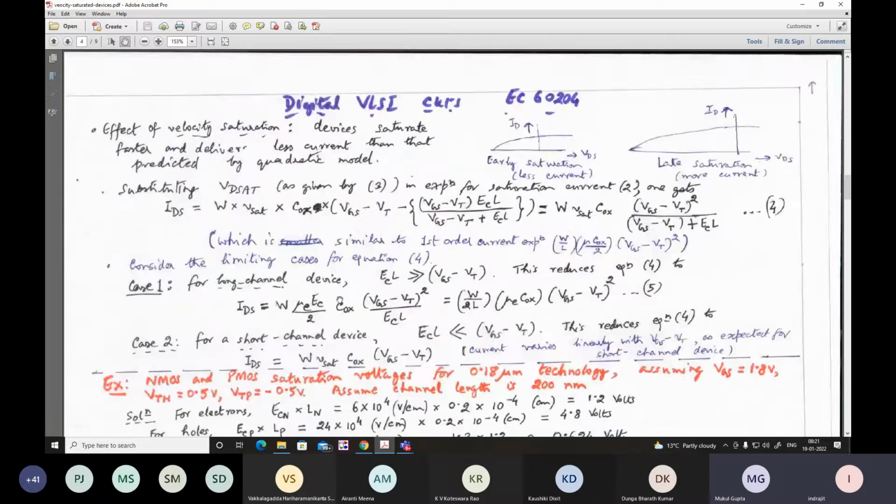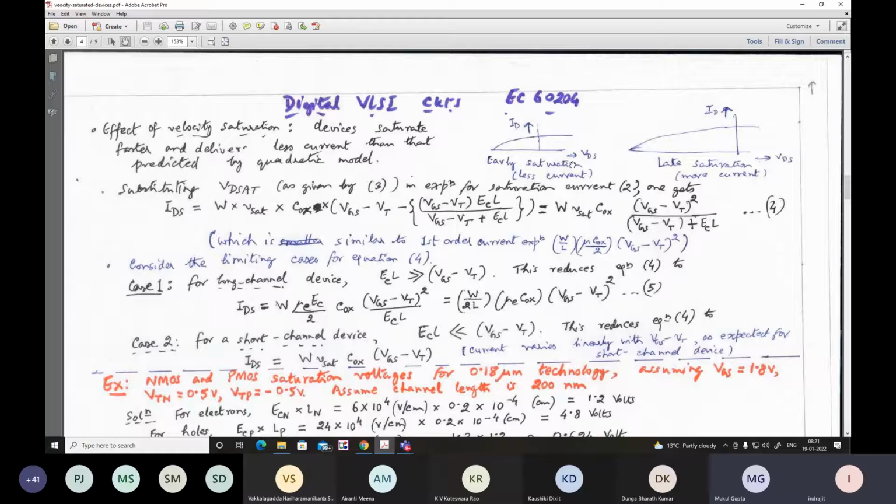Now let us go over to the expression of current, and this is primarily the effect of velocity saturation. Early saturation means the curve was climbing slowly in the linear, triode or resistive region. In the non-saturation region, the current tends to climb with respect to drain to source voltage, but as soon as it reaches saturation, after that it almost remains parallel to the voltage axis.